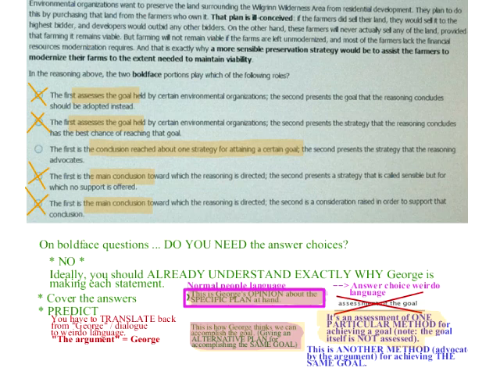So let's consider the second boldface and see how well we can do with that one. It's another method that the argument thinks will achieve the same goal. So this is wrong because George is not giving another goal. He's just giving another way to achieve the same goal, so double X.